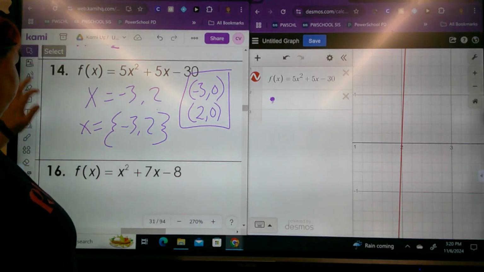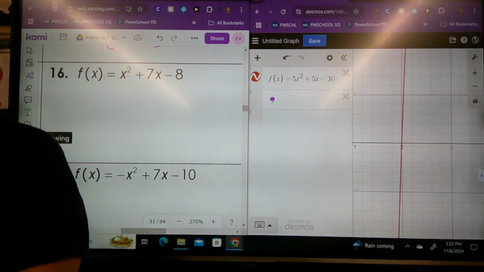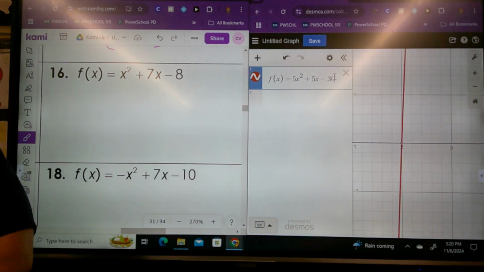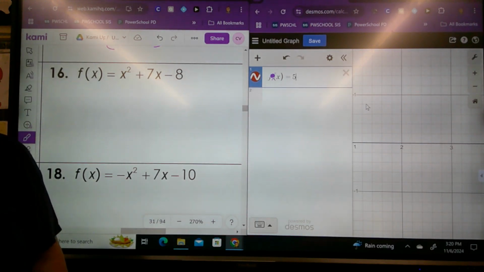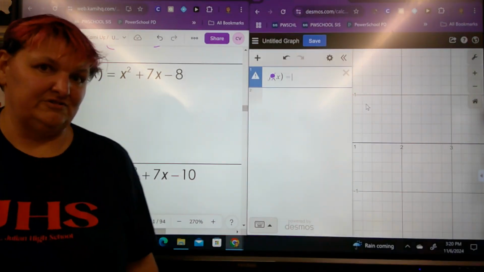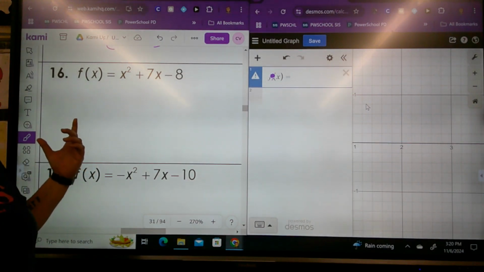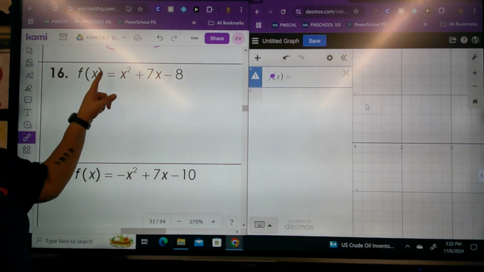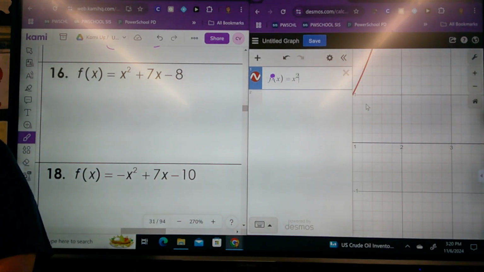Alright, so you go to the next one. You type it in. f of x. And I suggest, if you've never played with Desmos before, you can stack the lines just to see what the differences are, and they'll come up different colors so you can tell them apart. But for the purposes of this assignment, I will erase it so you can focus on one graph at a time. x squared plus 7x minus 8.